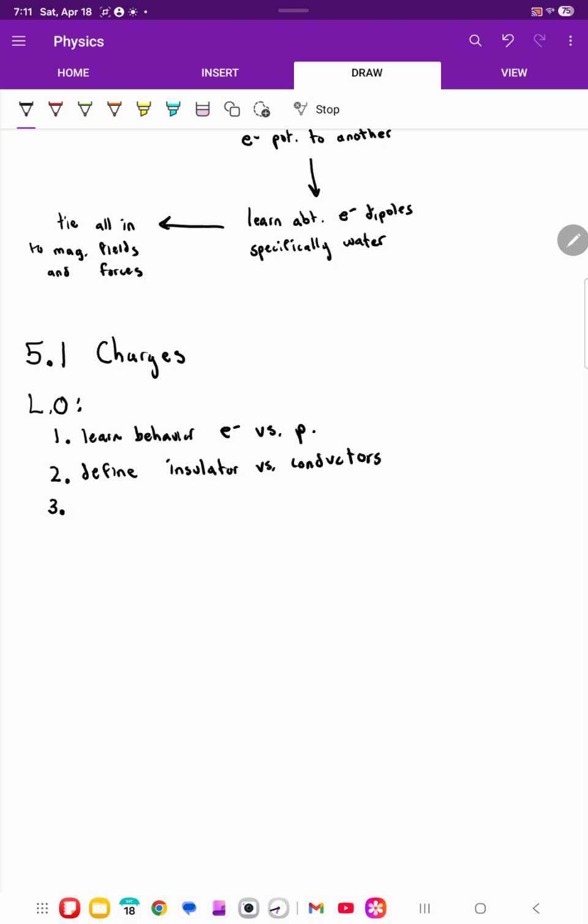And 3, we shall define charges in coulombs. That's what we're doing.